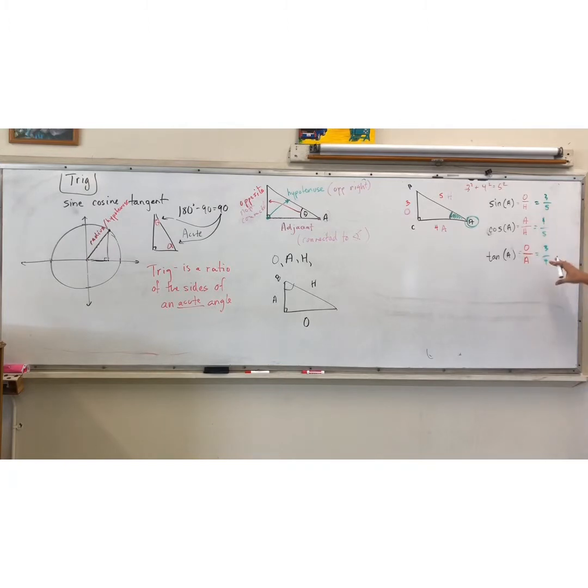And that's all we're really looking for. When I ask what is sine of A, all you're giving me is the opposite and the hypotenuse. That's all we're doing. You're giving me this ratio based on this acute angle.